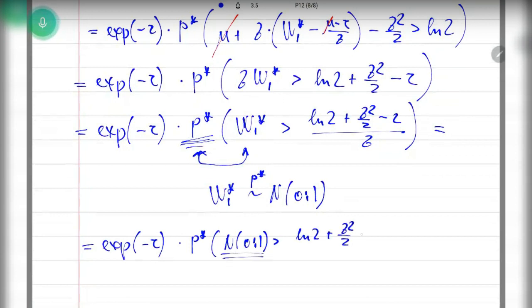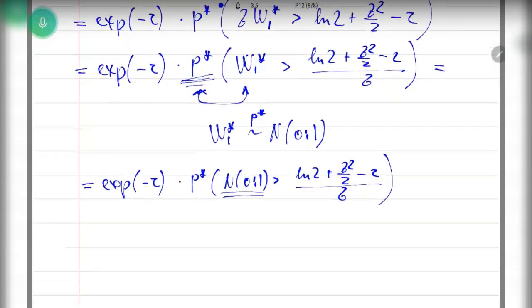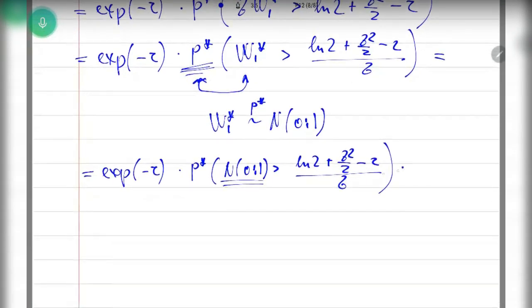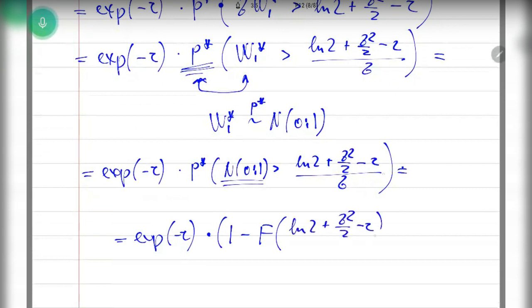And I don't care about the rest, what the explicit expression for P star is, I don't need it. I just say that it is exponent of minus R times 1 minus F of logarithm 2 plus sigma squared over 2 minus R over sigma.